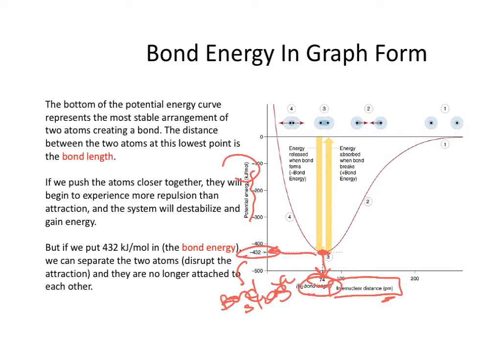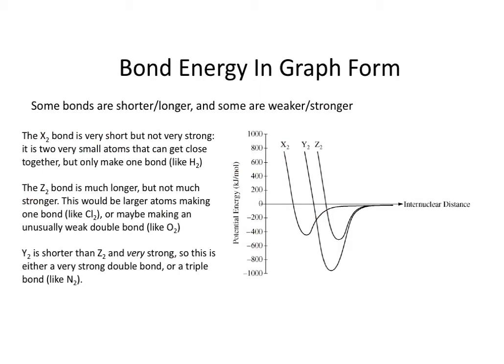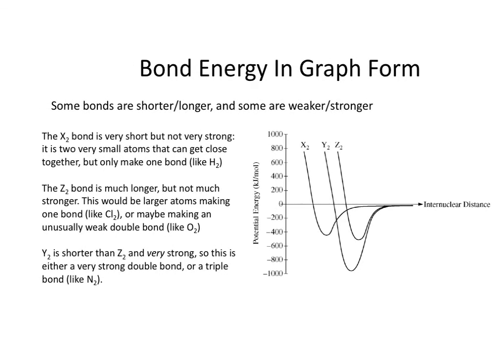And so zero energy is where the two atoms are not close enough to feel the effects of each other. So bond energy is this distance from 0 down to the lowest point. That's also the energy required to break the bond. Now, as you can imagine, every bond has its own bond energy graph, and you should be able to look at comparative bond energy graphs and interpret the difference between the different bonds.